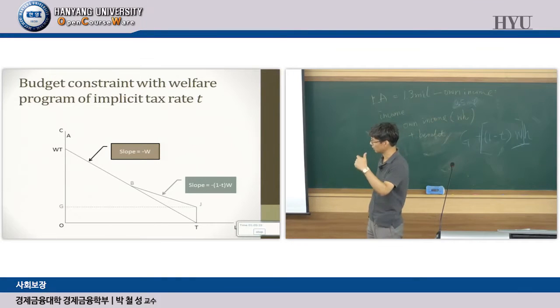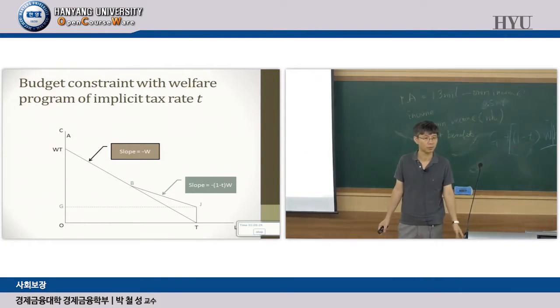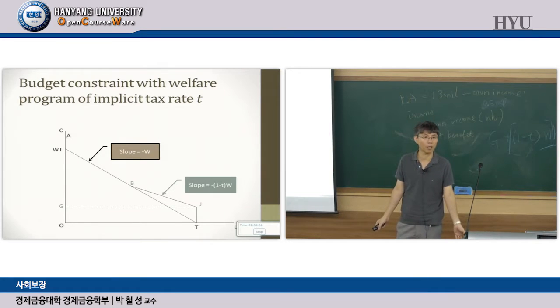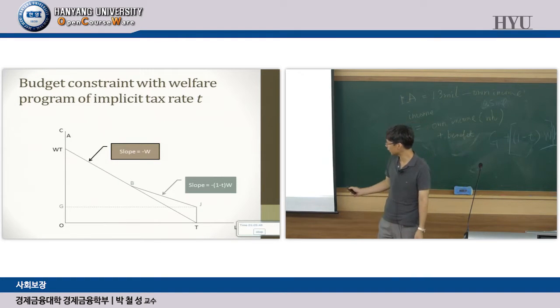That's first. Second, your wage rate is lower. Right? The slope is lower. Your wage rate is lower simply because you pay part of your own income as implicit tax. So two things you have to keep in mind: your income is always higher, but your after-tax wage rate is always lower.